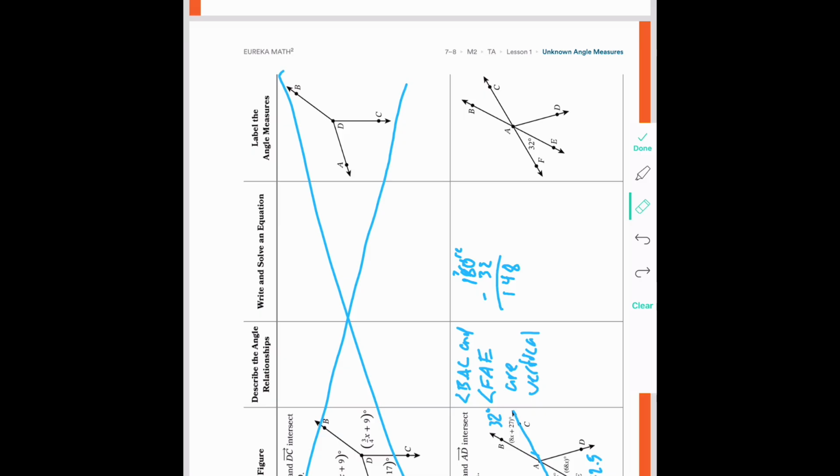Okay, so you see how, because I know it may seem like I'm doing a lot, you see how I'm using multiple angle relationships to figure out multiple blanks.